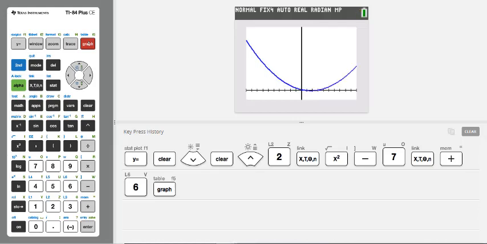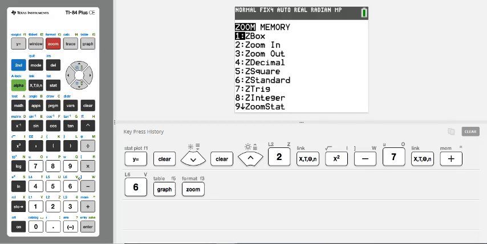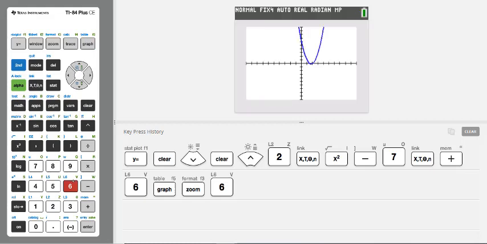Hit graph. All right, so we're just needing to know where's it zeroed, right? Where's it hitting 0? Which means where's it hitting the x-axis. So what we're going to do is the easiest thing. Let's just do zoom 6 and see if we can get a better one.